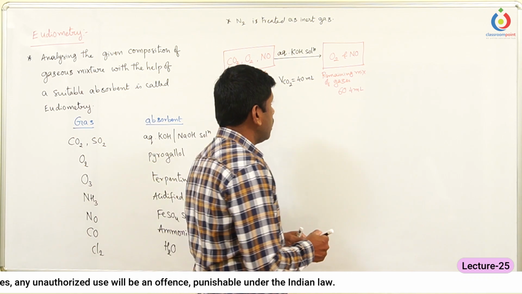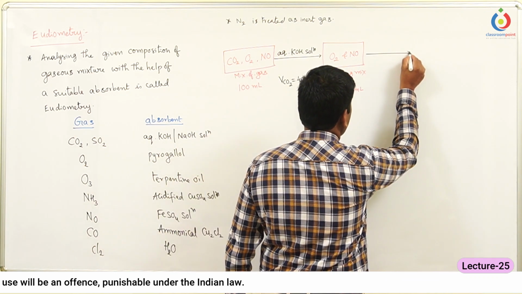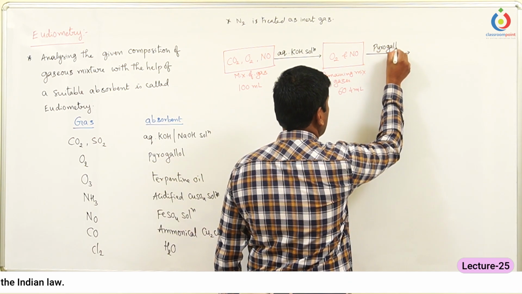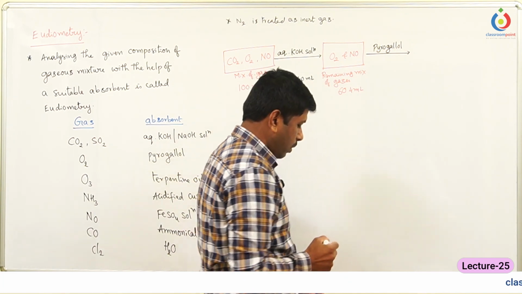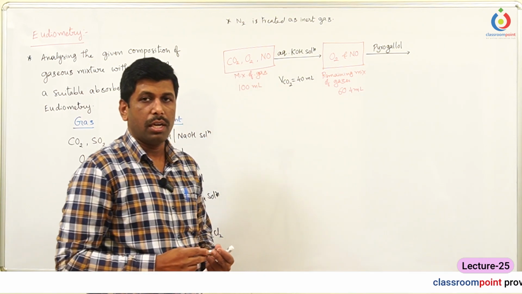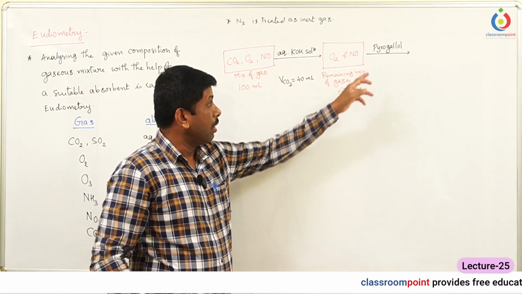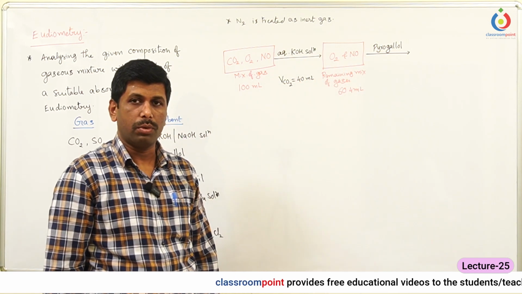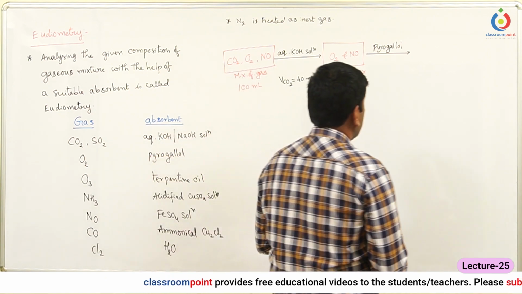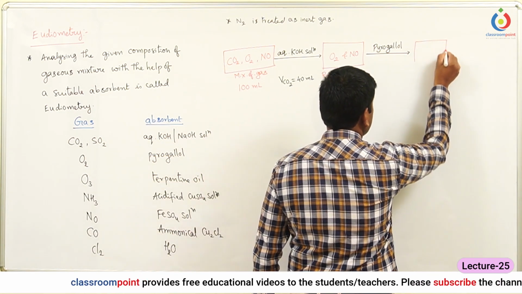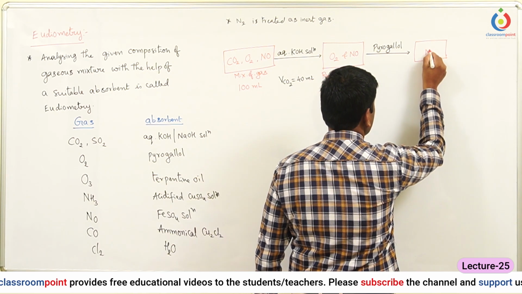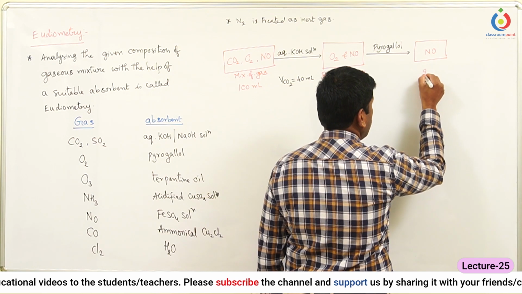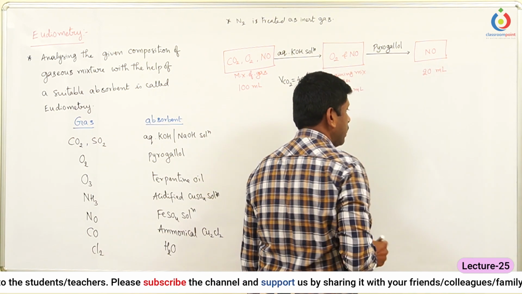Now let us try to send this gas mixture through the pyrogallol solution. When you send this through the pyrogallol solution, pyrogallol will absorb the oxygen completely, leaving NO gas out. So finally, the gas contains only NO, nitric oxide, and its volume is equal to 20 ml.